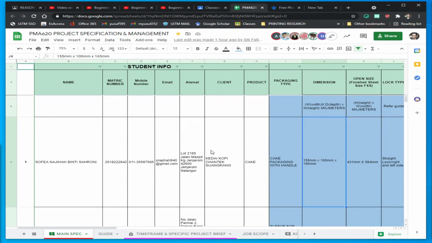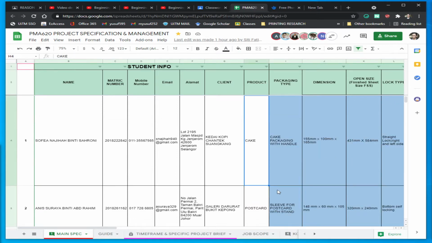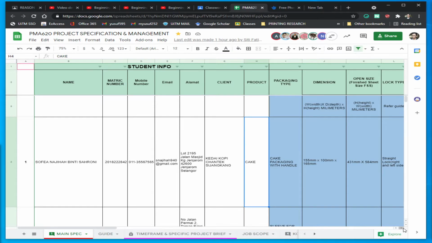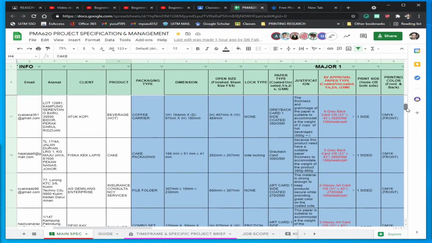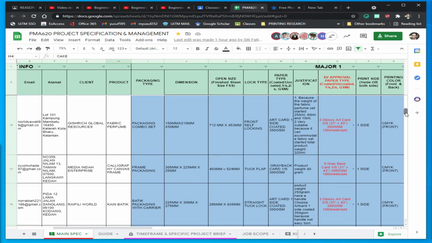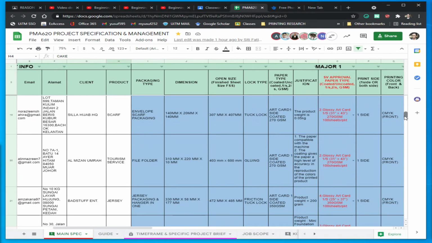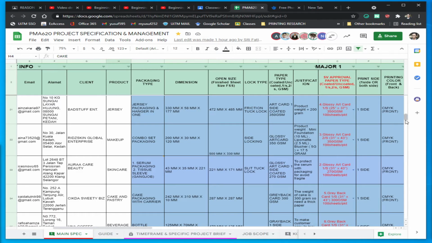So how does this link to your project? This will track the progress of your project, number one, and this will provide you critical information about your project. Critical means all the technical aspects, because our aim is to print your project using the actual printing process. So you may need to update this from time to time. As for offset lithography, majority of you have gone through advice or feedback from me, and you have done some correction on this.